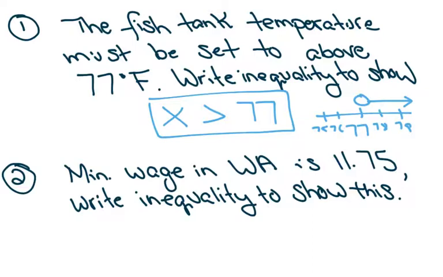Second one, minimum wage in Washington is $11.75. Write an inequality to show this. If I had to pay an employee $11.75, and that's the minimum amount that I can pay them, that means, again, pick whatever variable you want. It has to be above that. But this time I can put the equal to part because I can pay him exactly $11.75 if that's the minimum wage.